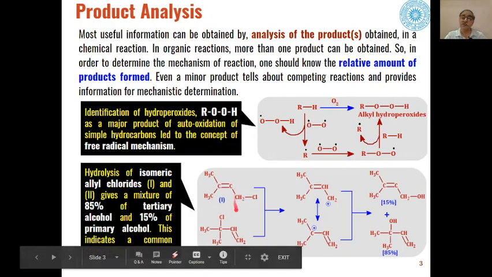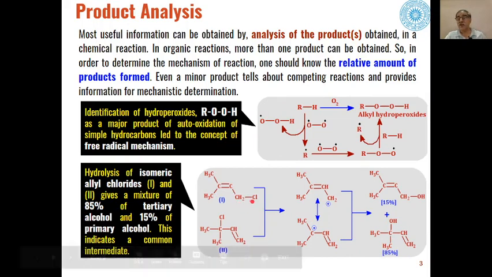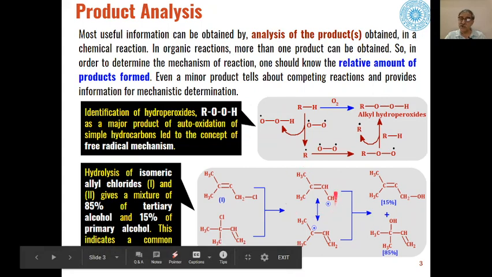So this proves that when either reactant is converted to give these two products, a common intermediate is involved in these conversion reactions. What happens is that this allyl chloride will give us this primary carbocation, whereas this tertiary allyl chloride will give us this tertiary carbocation.